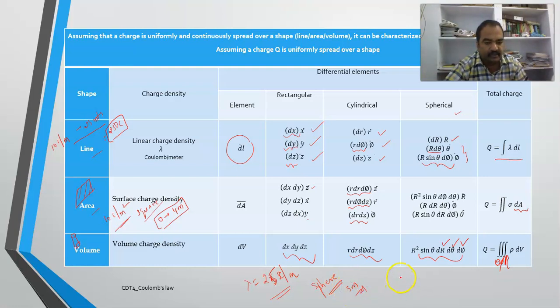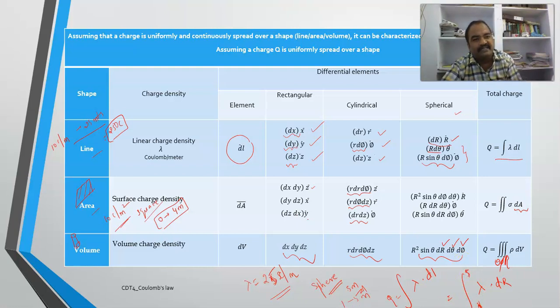So what will you be doing? Integral q is equal to integral lambda dot dl. Because it is a sphere, I will consider dr, and r is varying from 0 to 5. Sometimes they will say the radius varies from 1 to 5 meters.